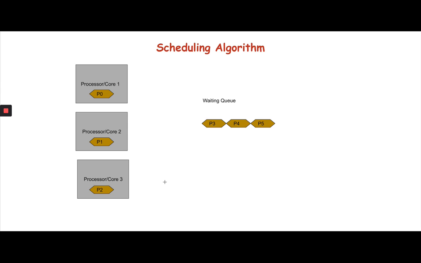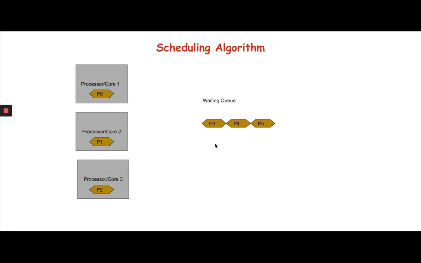Let's say there is a fixed quantum, or a fixed time slice, that each core gives to each process. Here you can see that we have three cores and six processes. Three are waiting in the queue and three are already assigned to the cores. These are the running processes, and the others are just waiting, so they are active but not running.